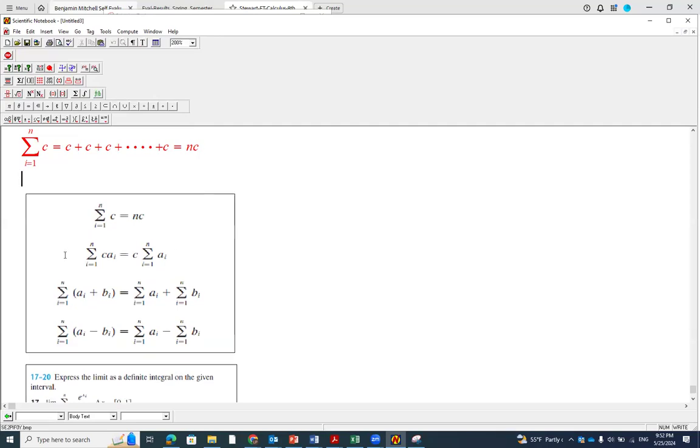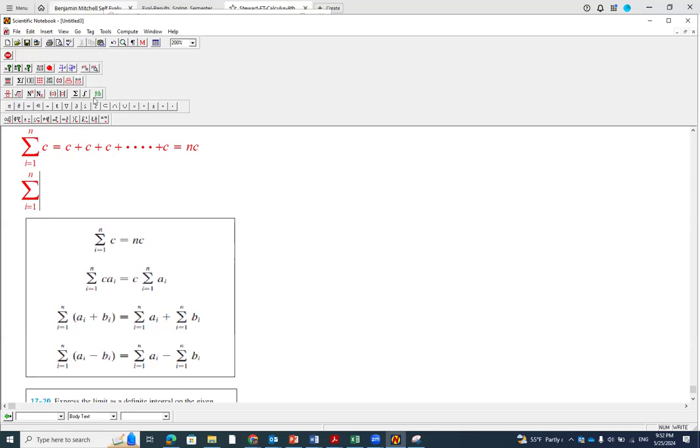Okay, the second formula, i also runs from 1 to n, and we have c times a sub i. What does that mean? For i equals 1, we have c times a sub 1. For i equals 2, we have c times a sub 2.